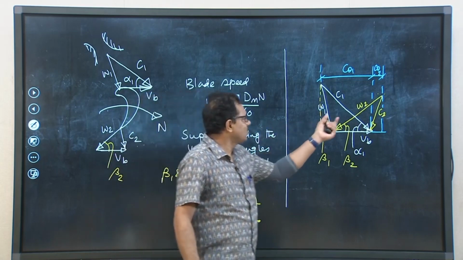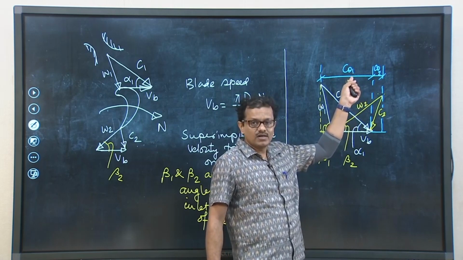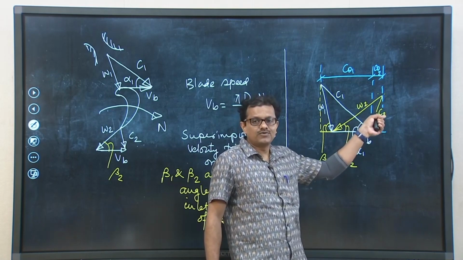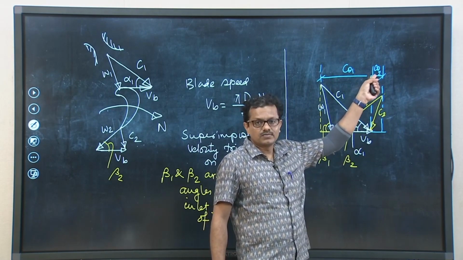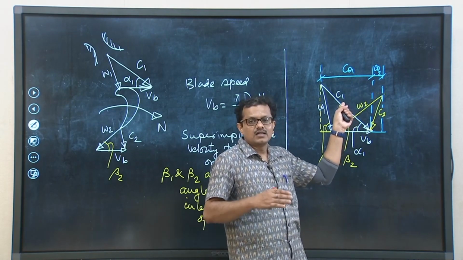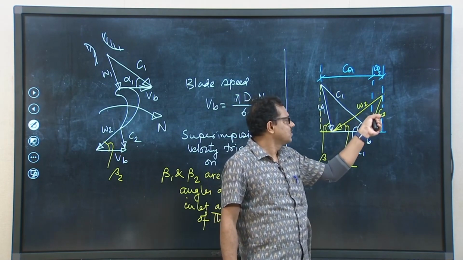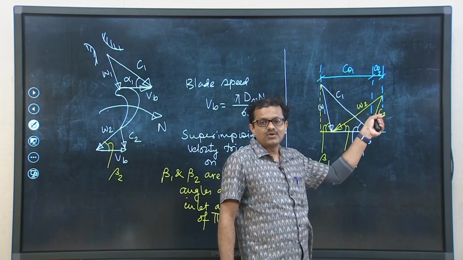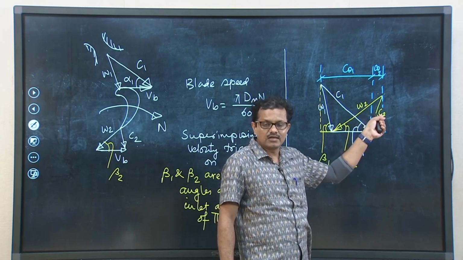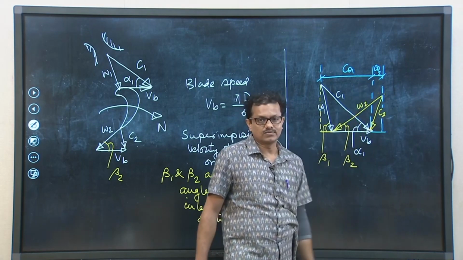So, if we consider the absolute velocity at the inlet, the component of that absolute velocity in the tangential direction is C theta 1. Similarly, C2 is the absolute exit velocity, and the component of that velocity in the tangential direction is C theta 2.